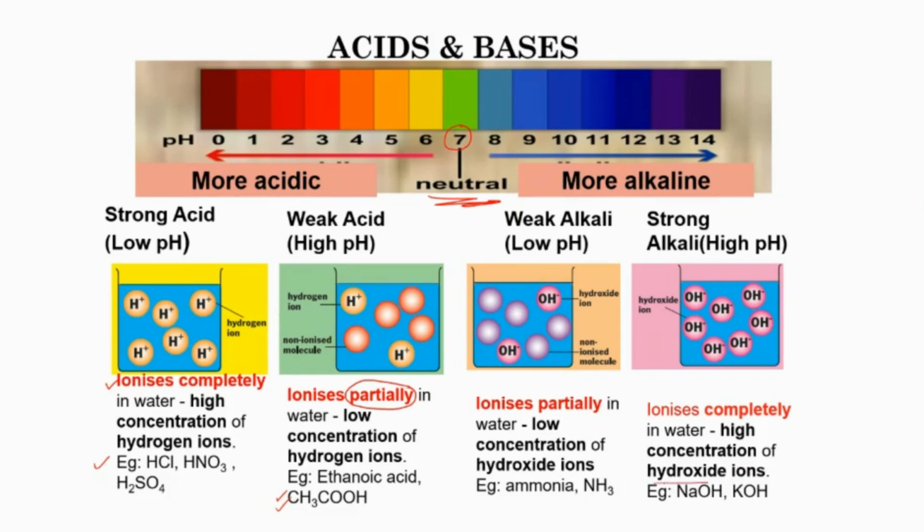For acid it is hydrogen ions. For alkali it will be hydroxide ions. For example, these two: sodium hydroxide, potassium hydroxide. Only two examples of strong alkali at SPM level. Then for weak alkali, ionizes partially in water, producing a low concentration of hydroxide ions. Example, ammonia, NH3.